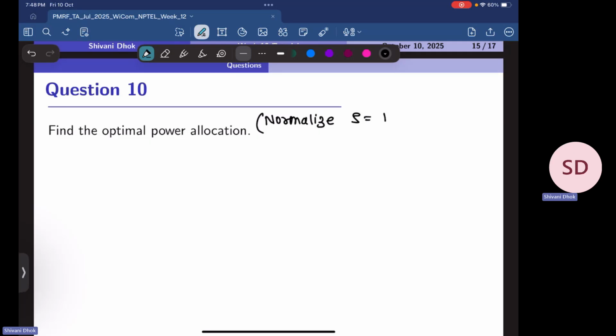Another thing that I'll do is take two total powers. The first one will be P equal to 25 milliwatts and the second one will be 100 milliwatts.